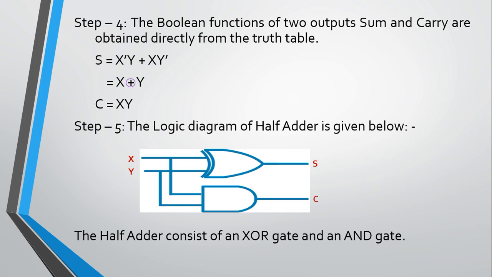So this is all about half adders, which you need to write properly. Here x dash y plus x y dash is the sum, and it represents the XOR gate, and C equals x into y refers to the AND gate.